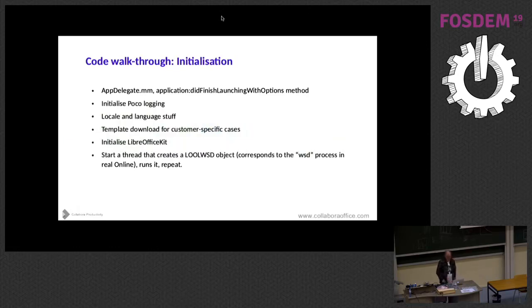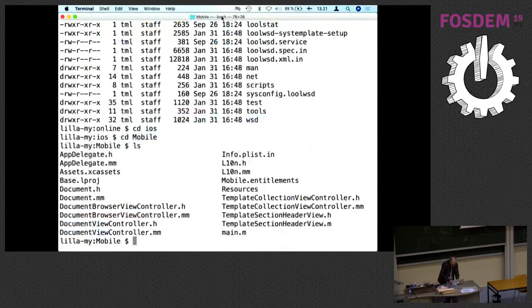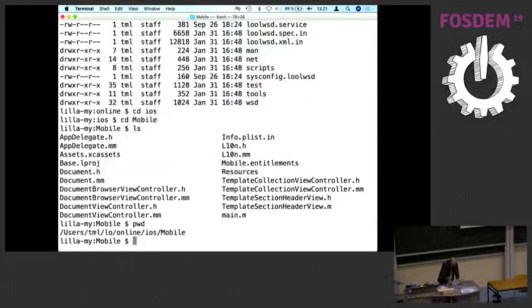Well, I'll start by showing the initialization stuff, where we initialize the logging and language and locale stuff, and we download some templates if necessary, and we start the kit and so on. So here I am now in this, can you see this?